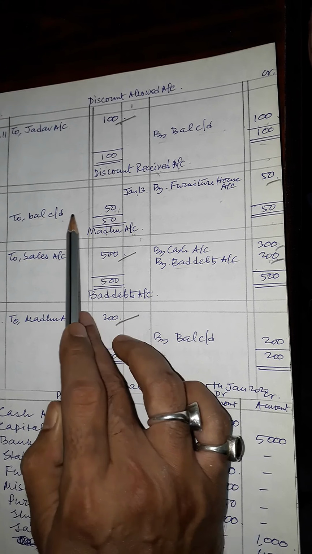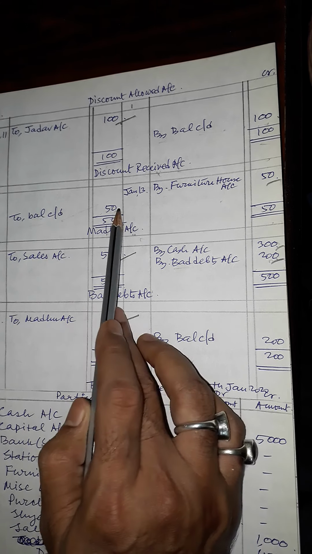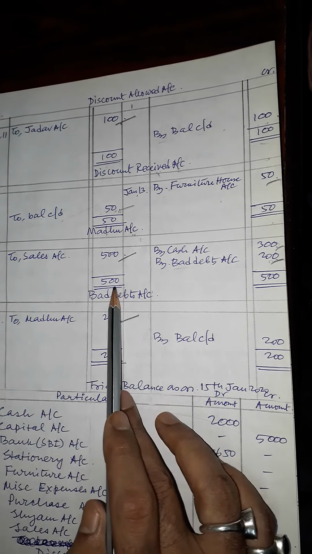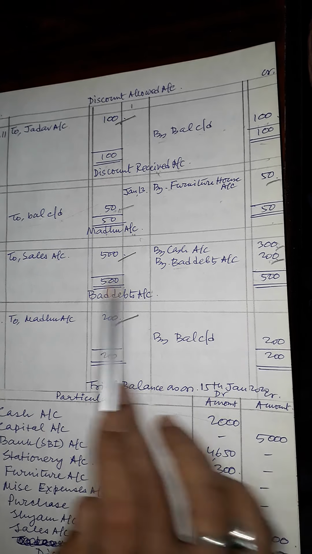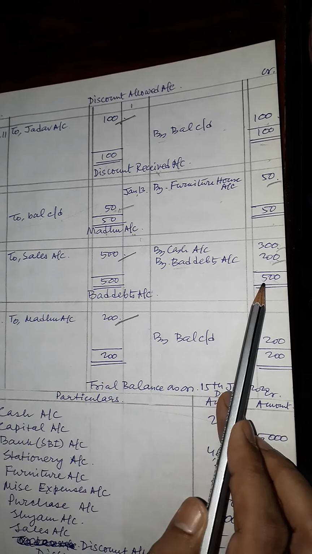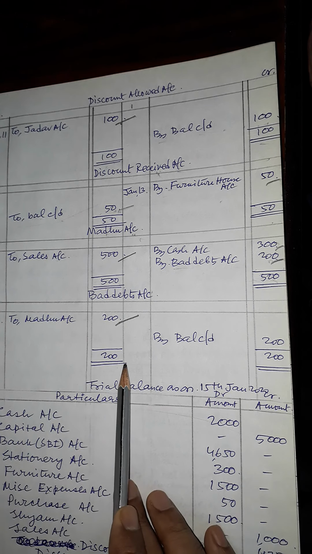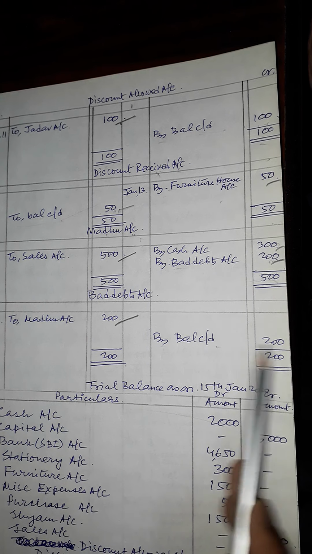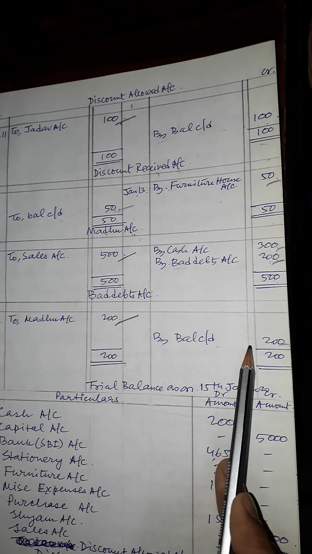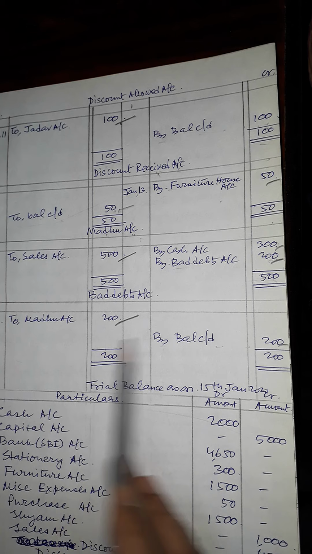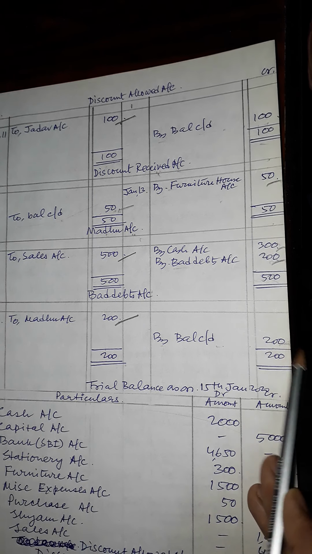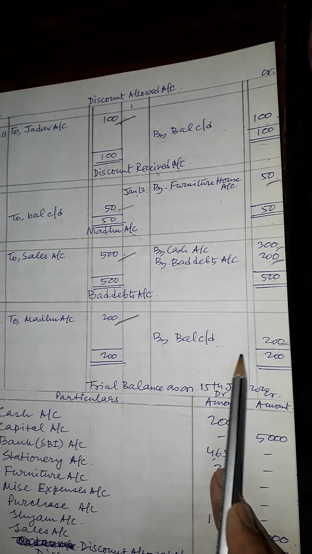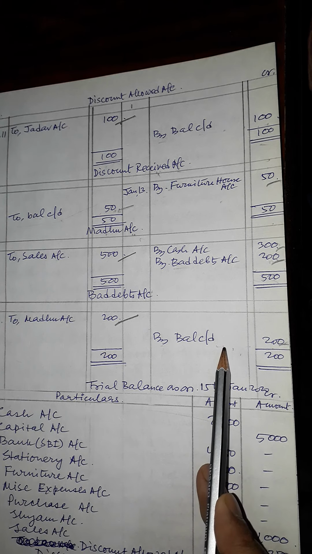So the closing balance is 50 rupees, it appears in the debit side. Madhu account, there is no balance because it has been closed. Bad debts account, there is a closing balance appearing in the credit side, 200 rupees. So it is a debit balance because the total of debit exceeds the total of credit by 200 rupees.